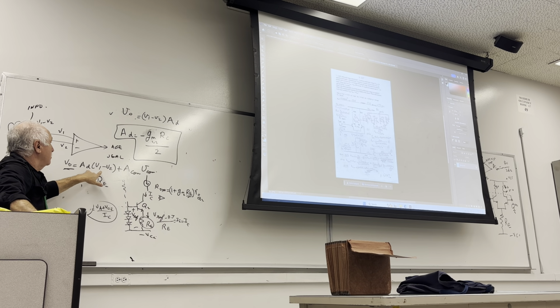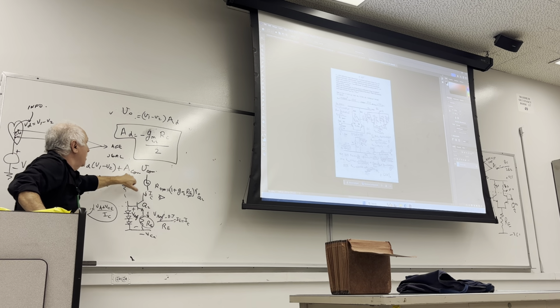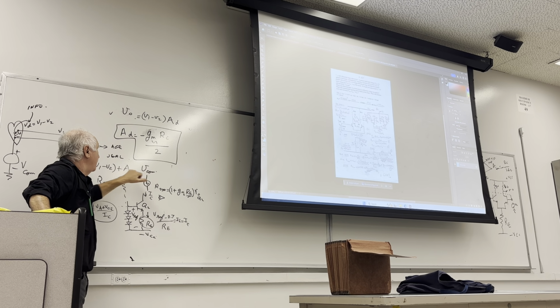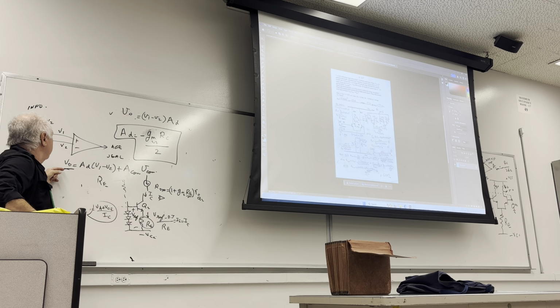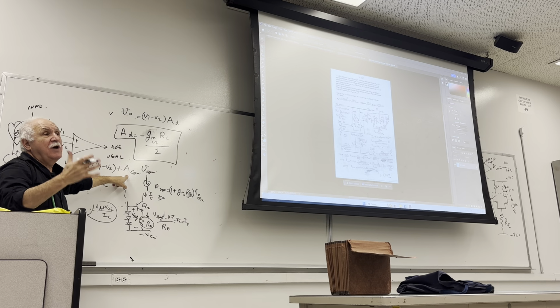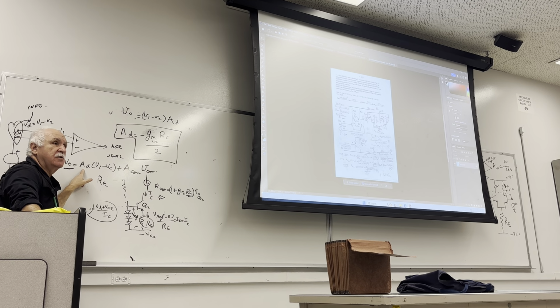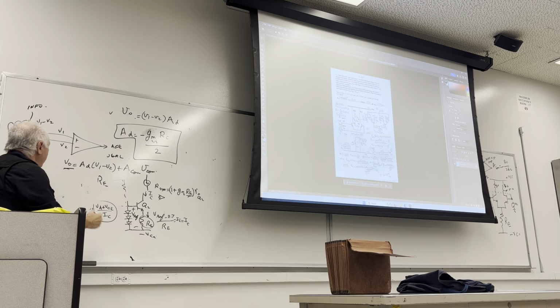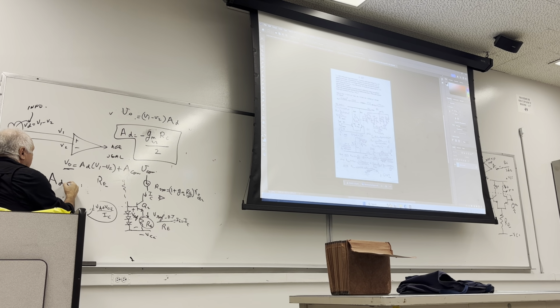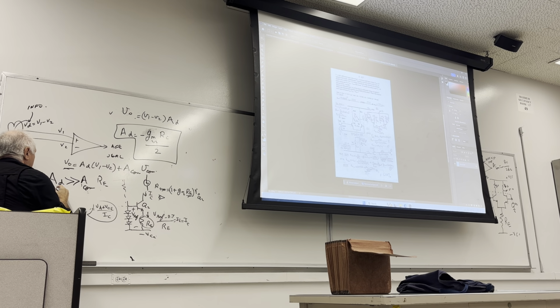We want it to be much, much more amplified as opposed to how the common mode voltage is amplified. So we want this to be as small as possible, or at least as small as possible compared to AD. So this is a good differential amplifier.